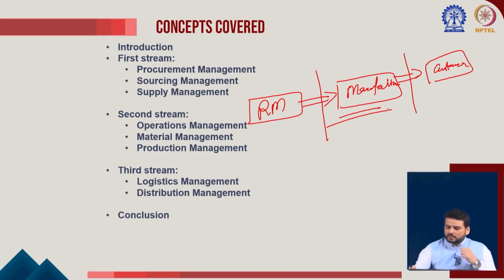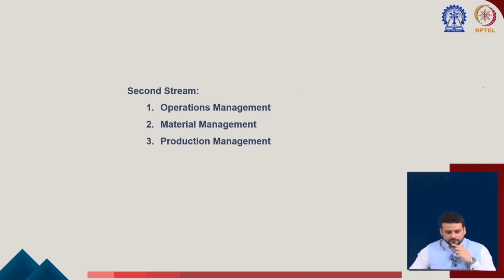Then we will move towards the third stream, which is taking care of the final distribution from your manufacturing end to the end customer, right. So, we will talk about distribution management. Although we have discussed a lot, almost 18 to 19 sessions, while discussing your third stream, still we will quickly go through what is there. If we talk about the complete supply chain, we will quickly go through that third stream as well.